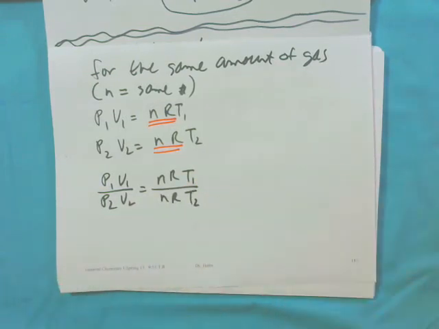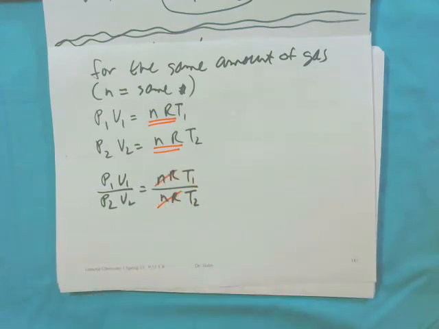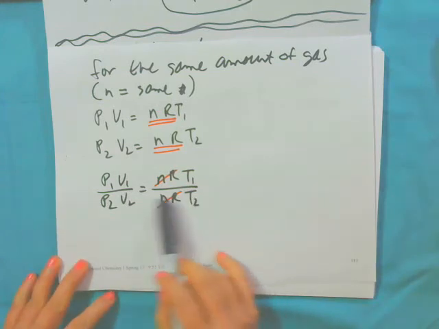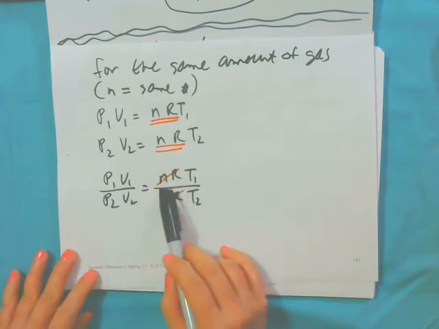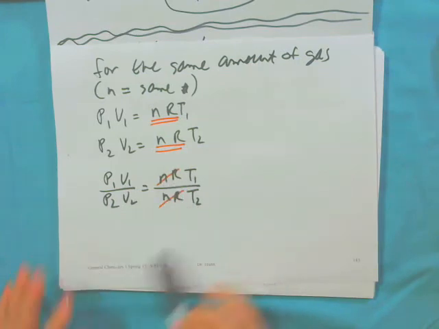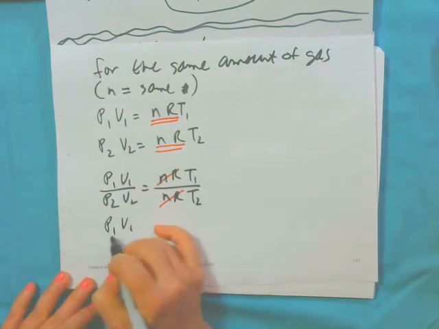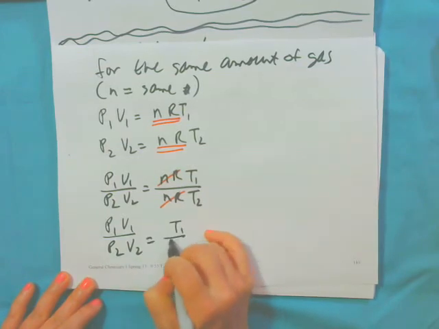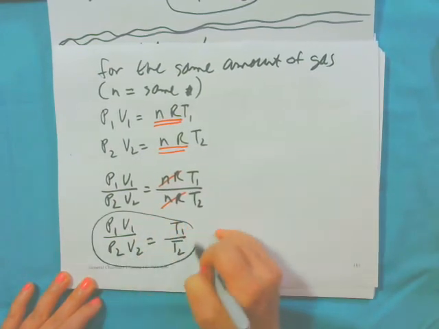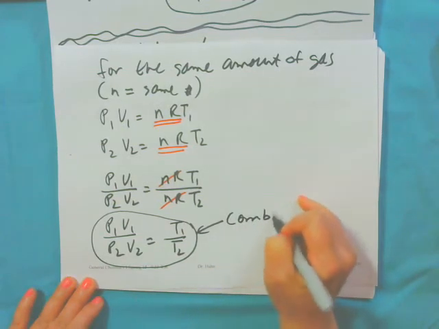And because we have the same number of moles, because we're not dealing with a different amount of gas or a different identity of gas, it's the same gas at different pressure and temperature conditions, those two things would cancel out. The nR would cancel out. And then our ideal gas law equation would become this. So this is known as the combined gas law.